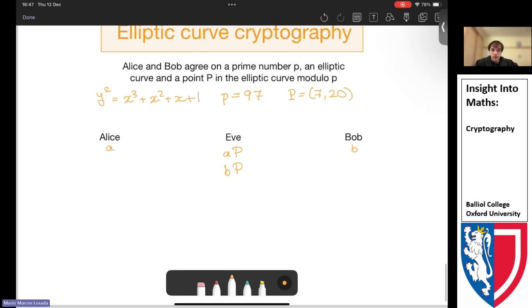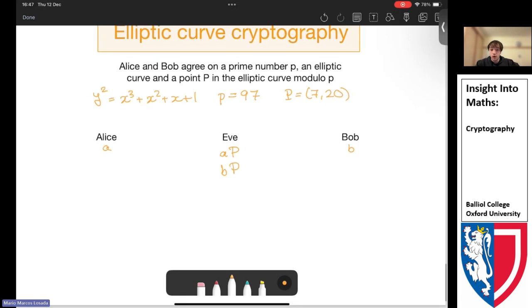Now, how can Alice and Bob use this to agree on some sort of code? Well, Alice has bP because Bob has made it public. So Alice can add the point bP to itself a times to obtain the point abP, right? Bob can take the point aP that Alice has calculated and compute the point abP, which is the same as baP, by adding the point aP to itself b times.